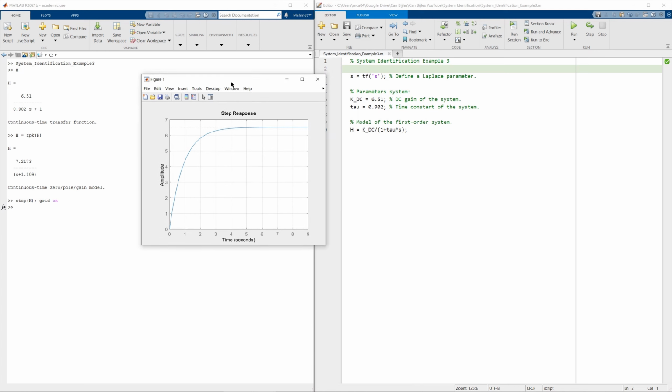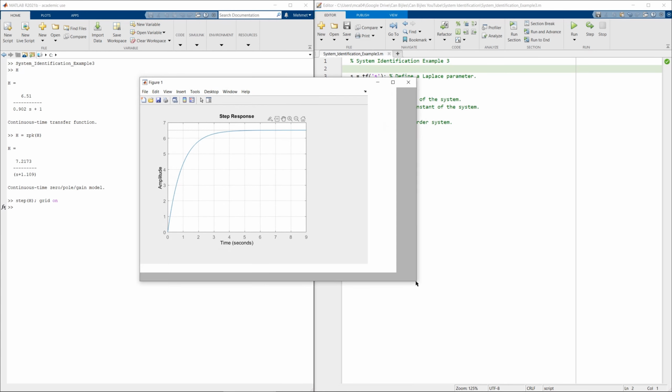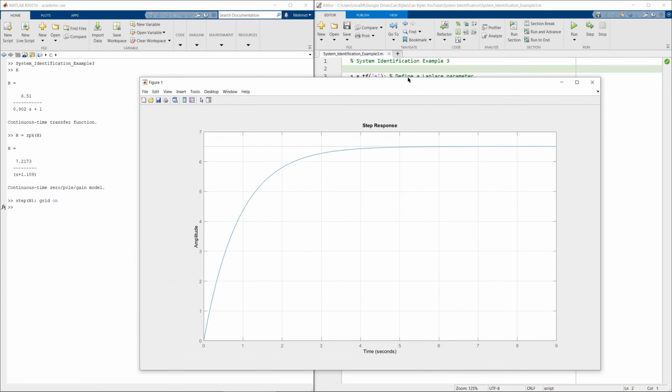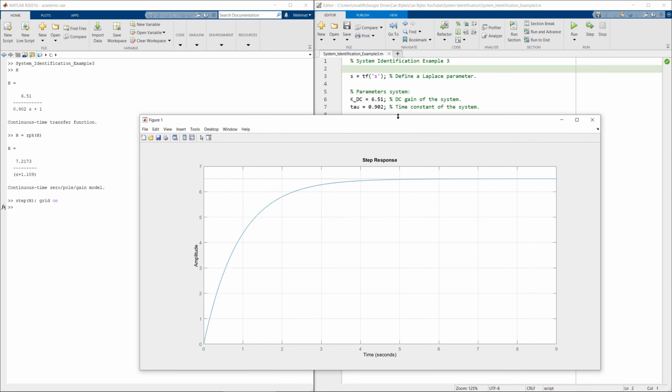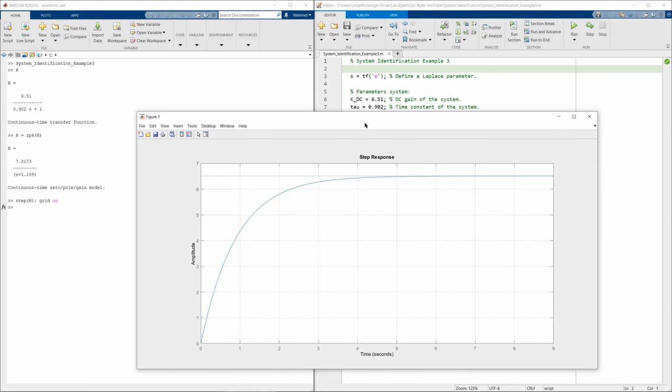Okay, that's the unit step response. What do we see? Let's look at it and also show directly the KDC here. So if I now do this, the steady state value is in this case 6.51. Let me make it larger, so you can see it.